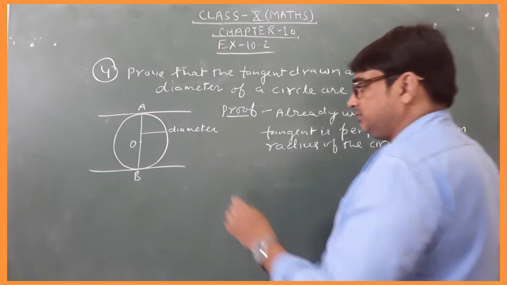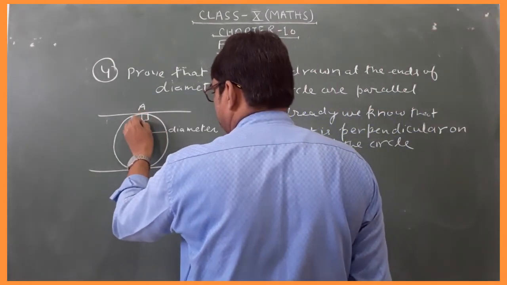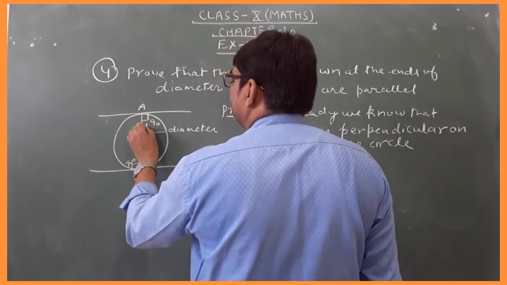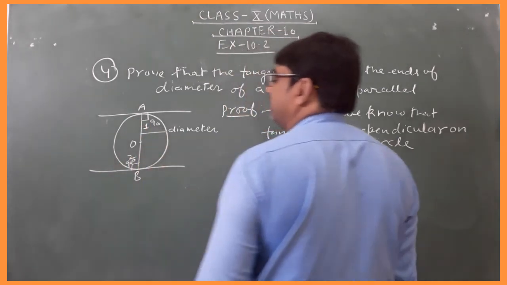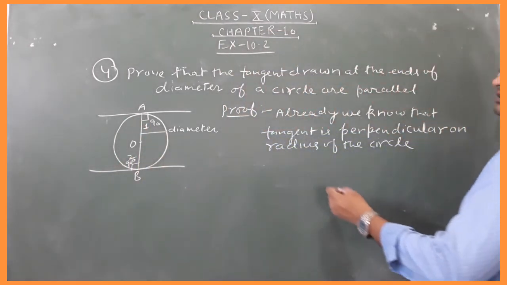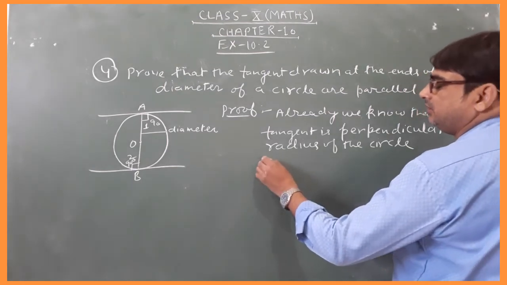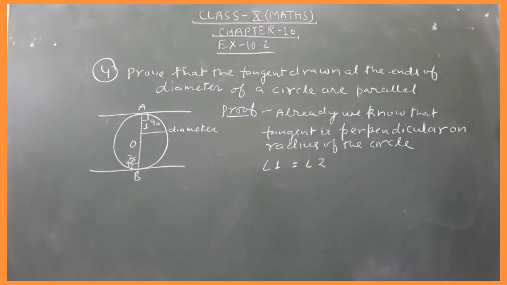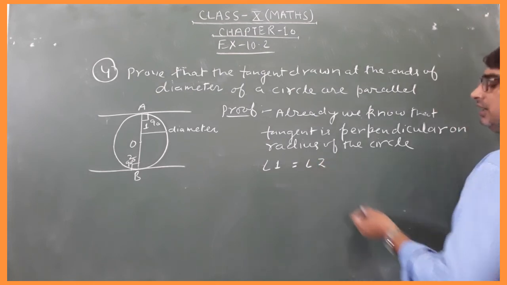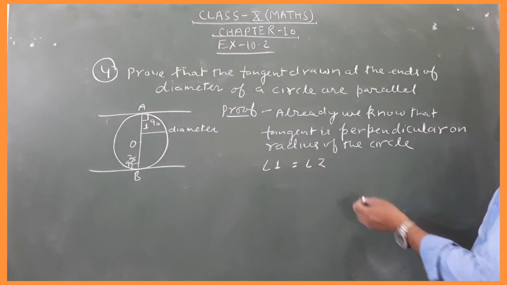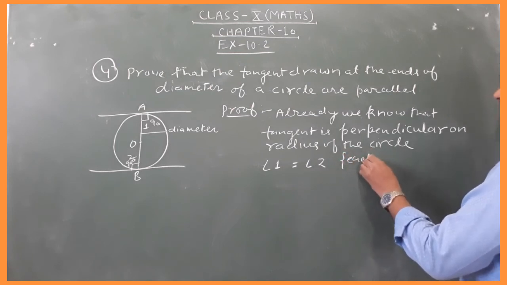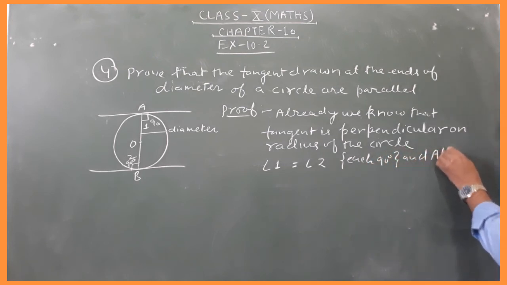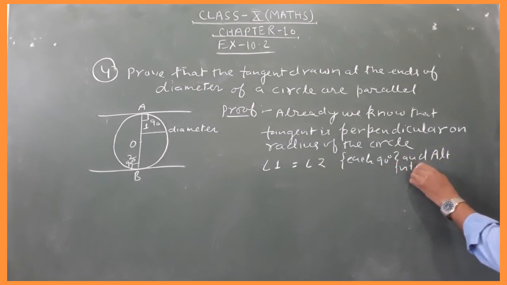Means what? This is 90 and this is also 90. Suppose this is angle 1 and this is angle 2. It means what? Angle 1 is equal to angle 2, each 90 degree, and they are alternate interior angles.